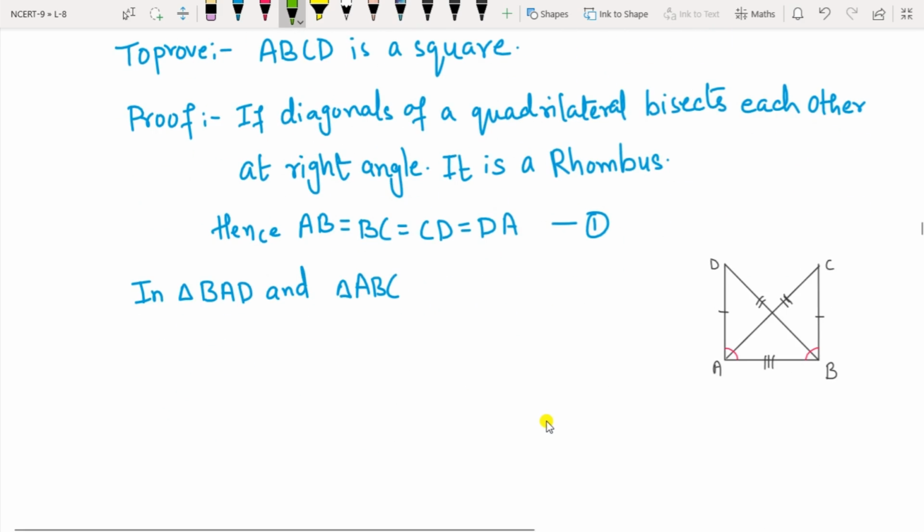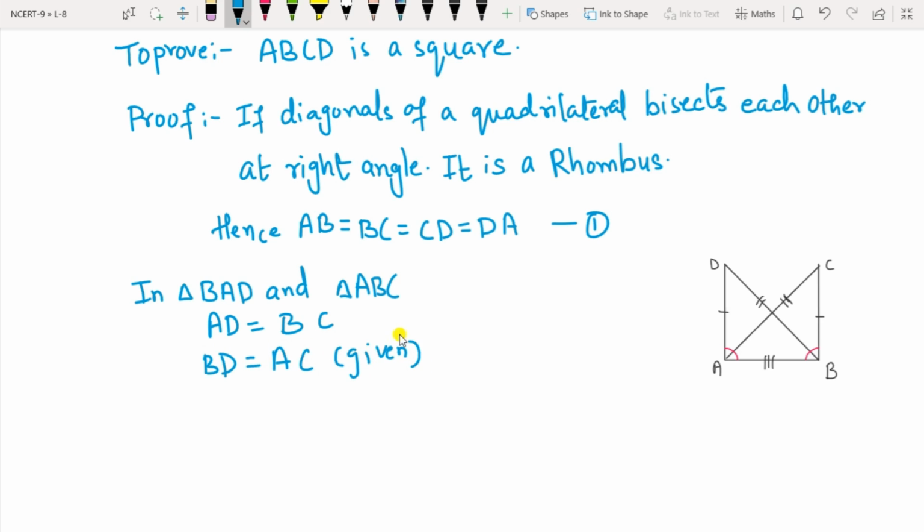So consider these two triangles from the figure, BAD and ABC. Write all the three given properties that are equal here. AD is equal to BC, as these are the sides of a rhombus, proved above. BD is equal to AC, that is also given. And AB is equal to AB, that is common.